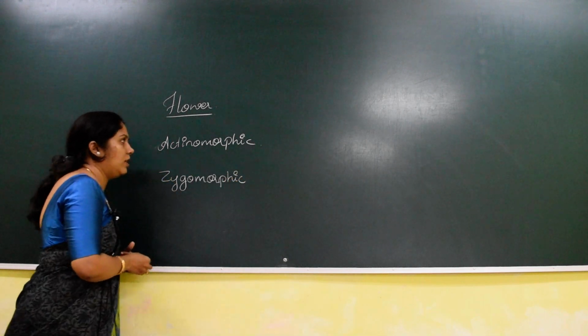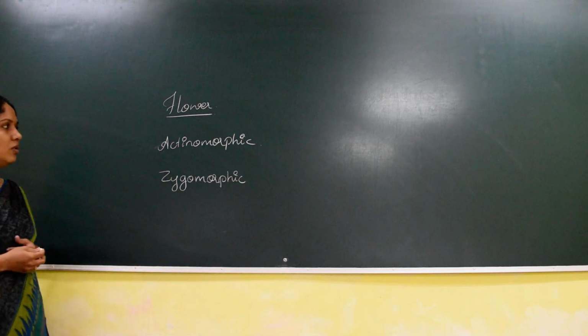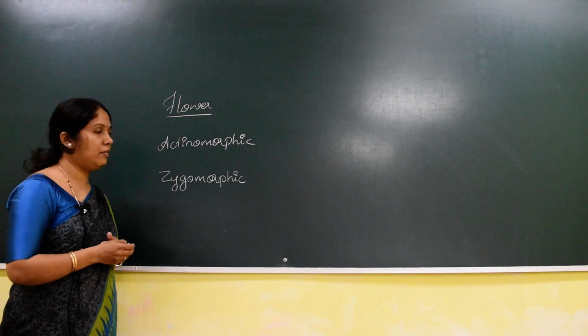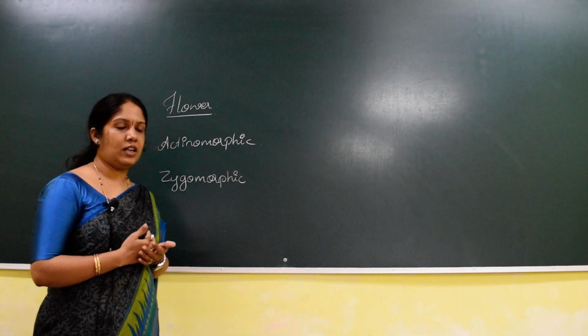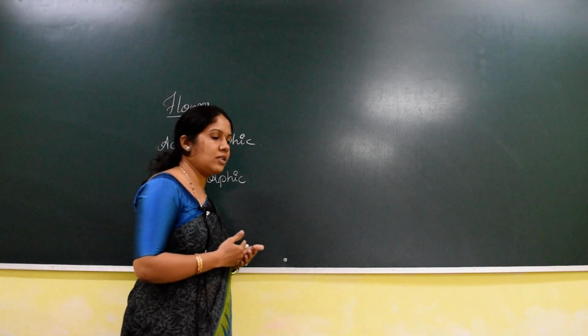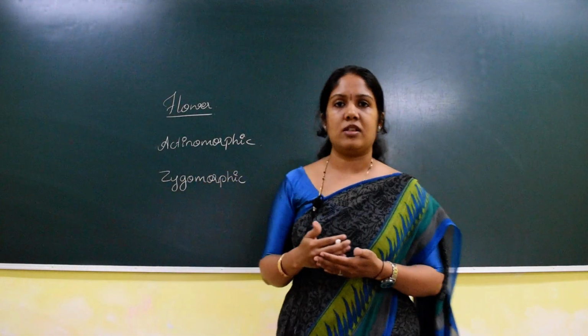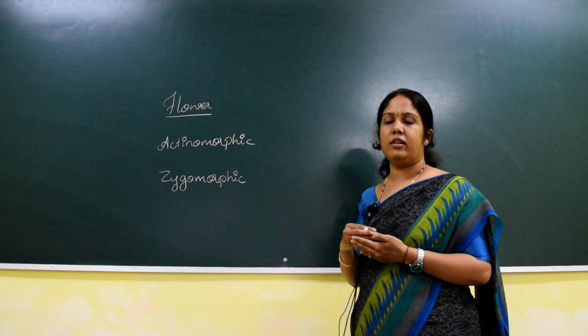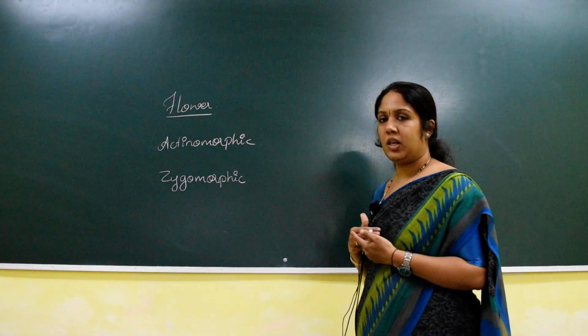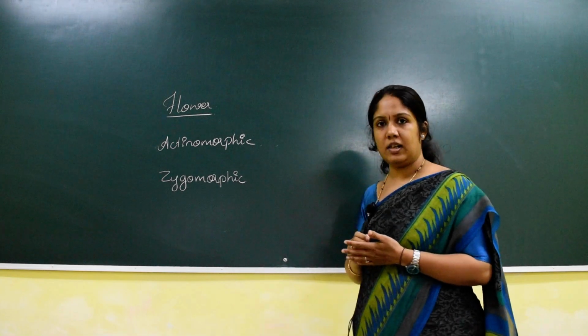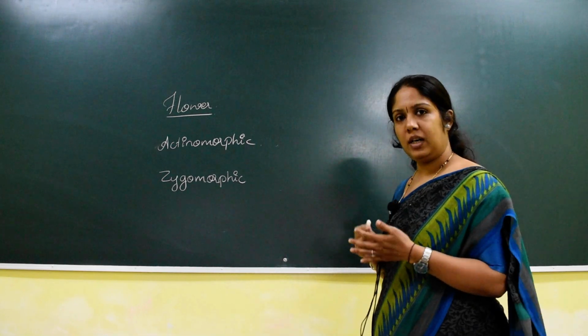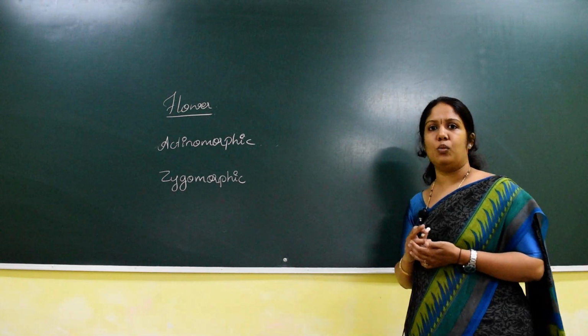Actinomorphic and zygomorphic are the 2 conditions classified based on the cutting of the flower. If the flower is cut into 2 equal halves based on the central axis or central point, it is called actinomorphic, whereas zygomorphic is a condition where the flower can be cut into 2 equal halves only in one plane.